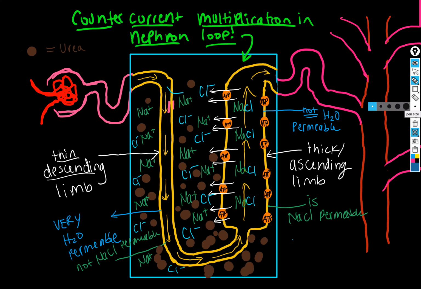There we go. Okay, so starting at the top, we're going to have water leaving. And it's doing that because, of course, we've set up this very handy urea salt gradient that is very enticing to water.